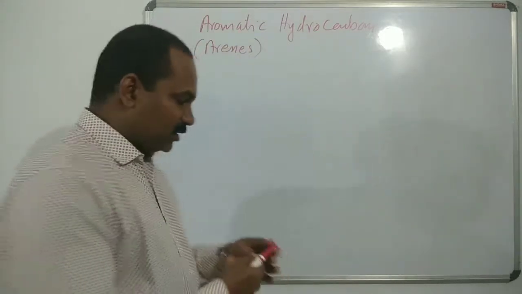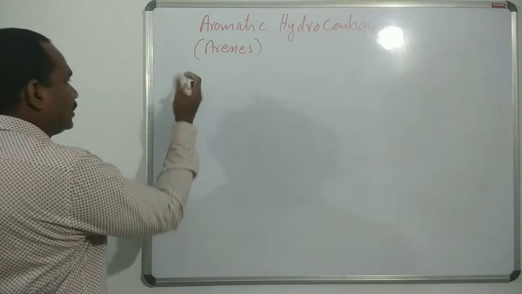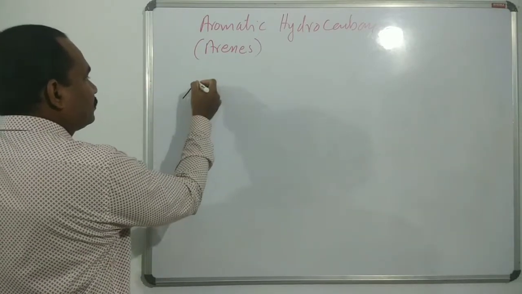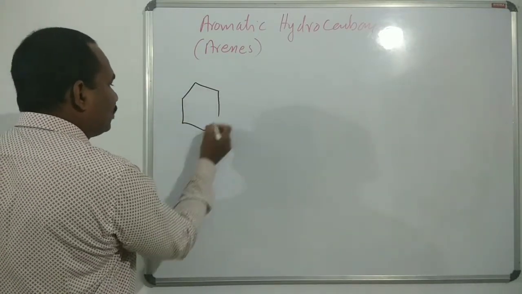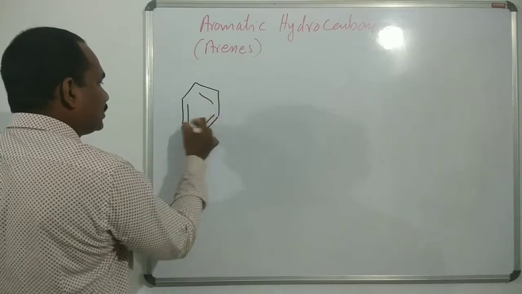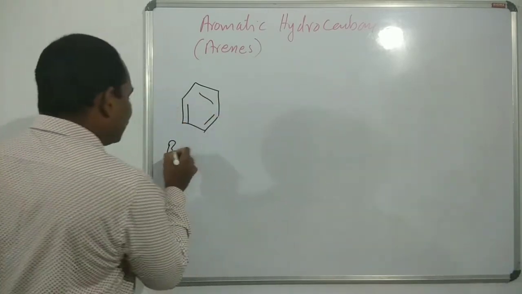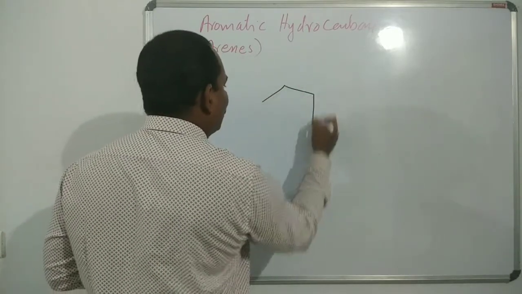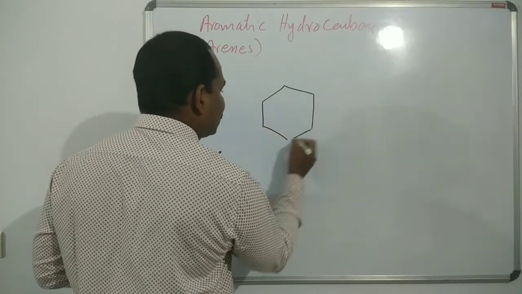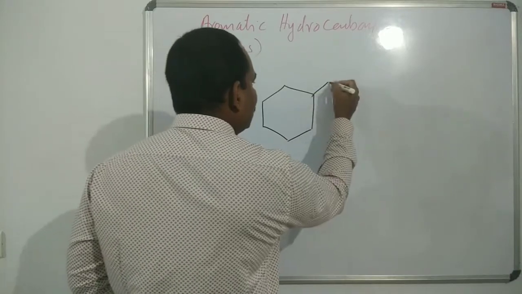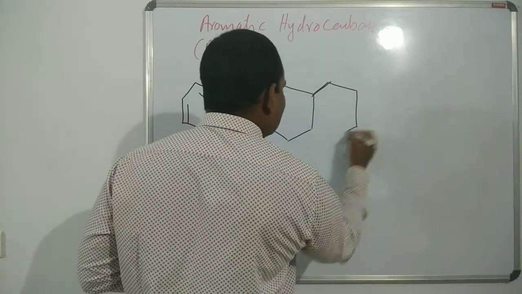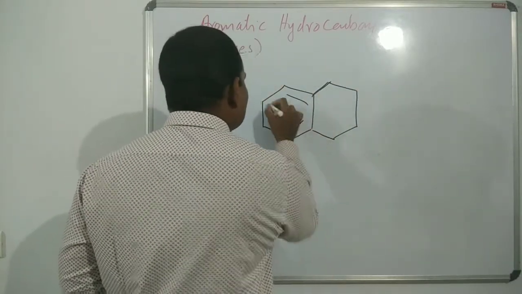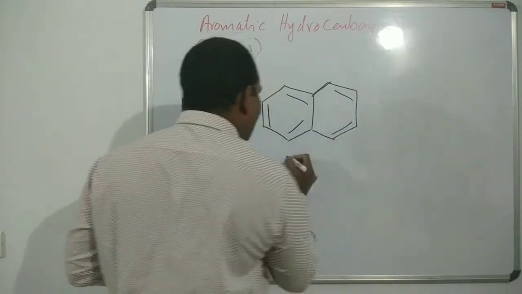First is benzene itself. The second compound is where two benzene rings are fused, two benzene rings are joined. So we get naphthalene.